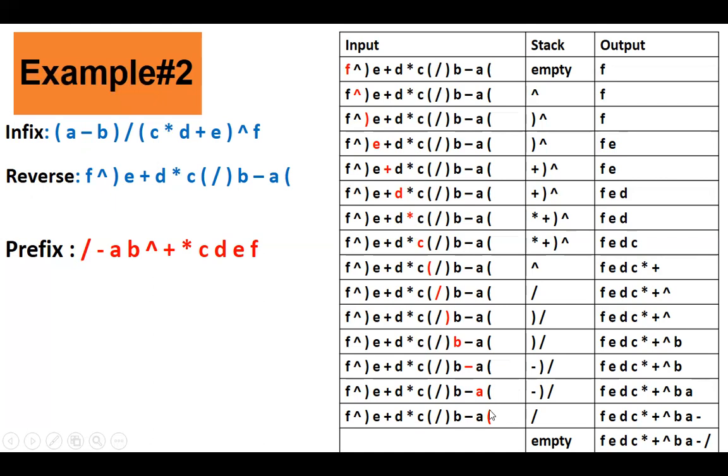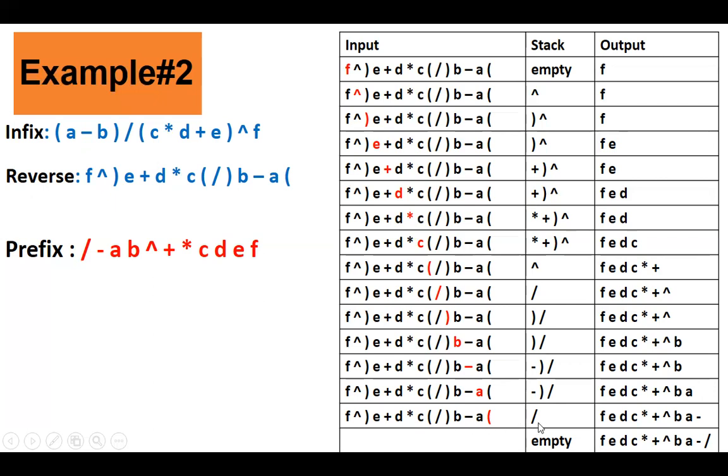Now what you read is an opening bracket. Whenever you read an opening bracket, pop out everything from the stack till you come across a closing bracket. So what you have here is minus, add it to the output and discard both the brackets. Both the braces are discarded. Now what is in the stack is just a division symbol. Input is over.